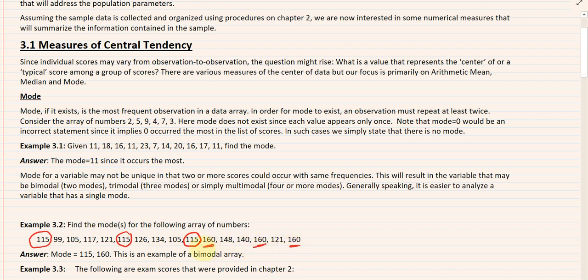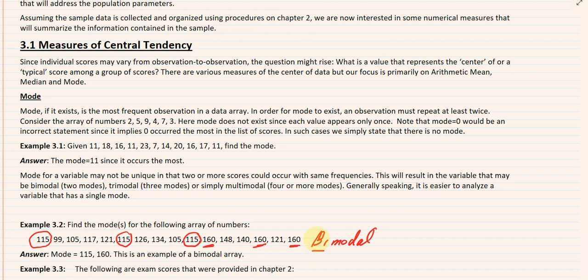So in this case we actually have 2 modes as the most frequent observations. So the modal values are 115 and 160. So this is what we call a bimodal data. Bimodal. The prefix bi, of course, means 2, correct? So that means it's a two-mode data set.